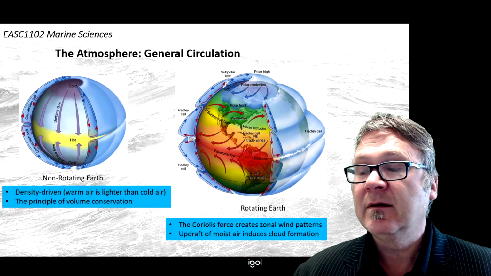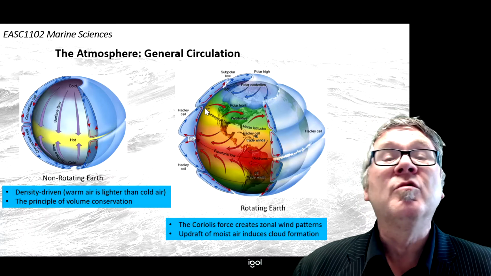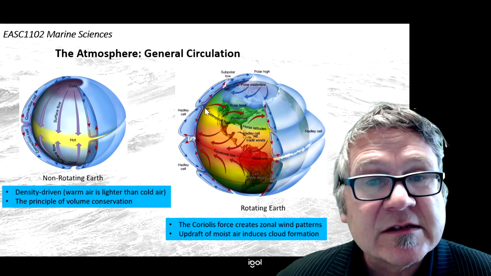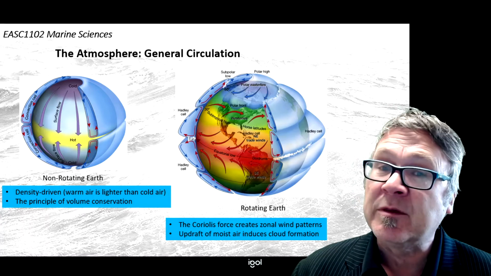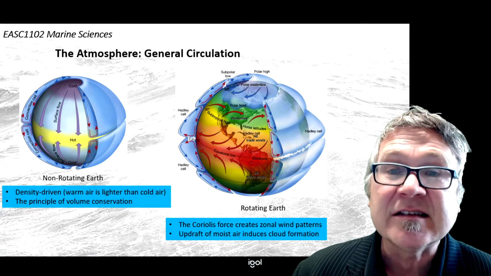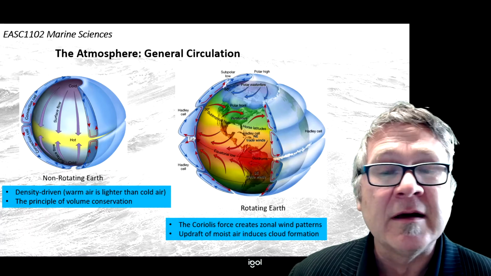And this downward movement actually suppresses the cloud formation. This coincides with the regions where you find deserts on Earth, where you have desert climates.